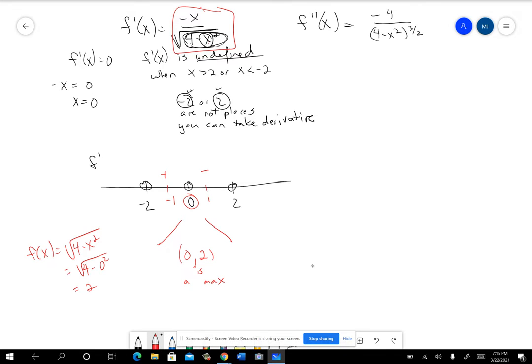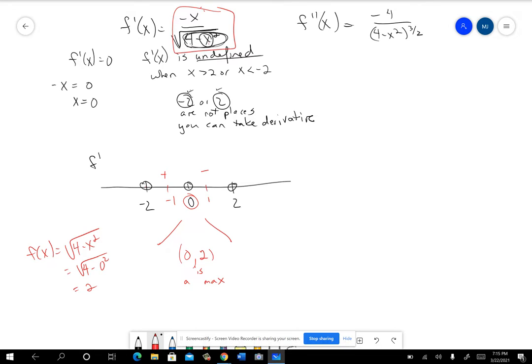All right, now you do have to worry about the endpoints, because that's a place where maxes or mins could happen. So we'll double check those as well. We're going to plug a -2 into our original function and see what the value turns out to be.